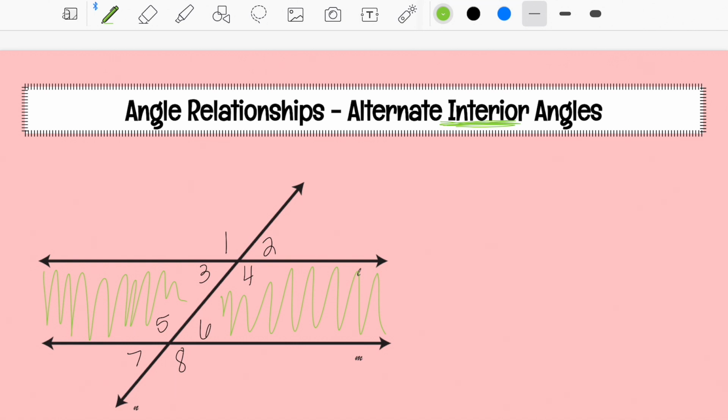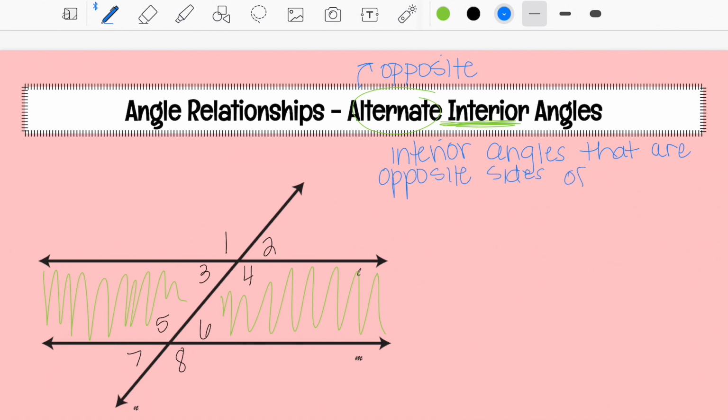We're not going to be looking at 1, 2, 7, and 8. Alternate means opposite. So alternate interior angles are interior angles, so on the inside, that are on opposite sides of the transversal.